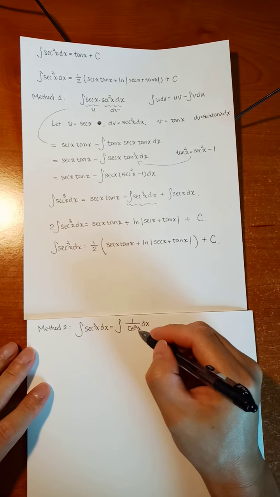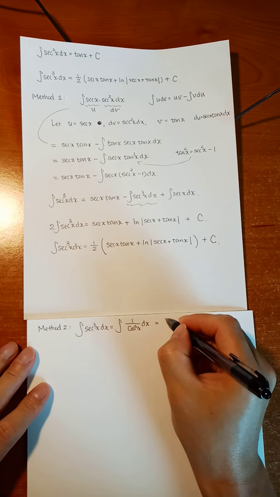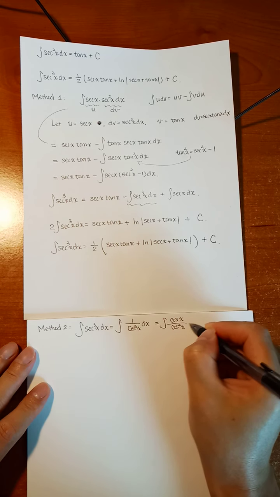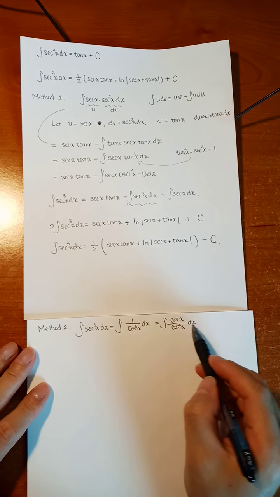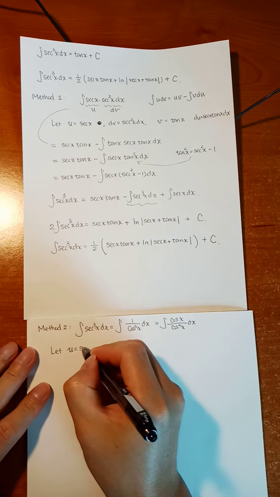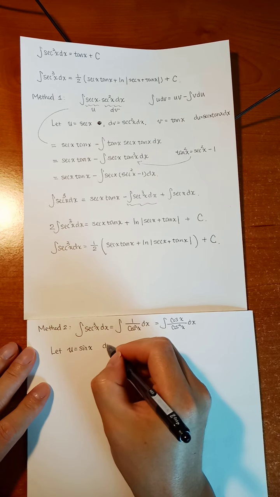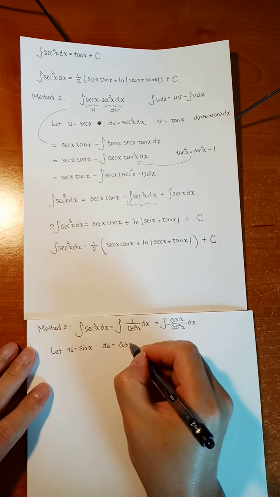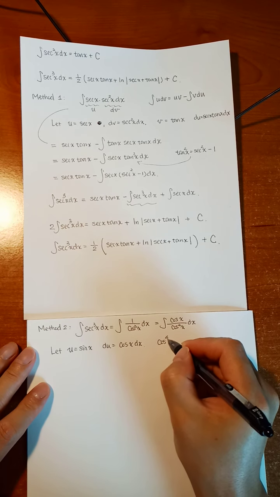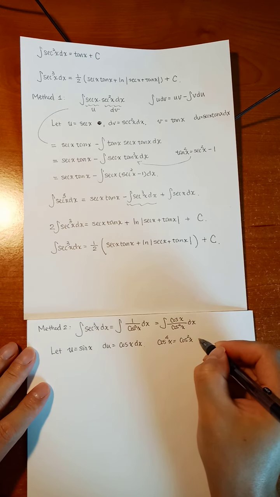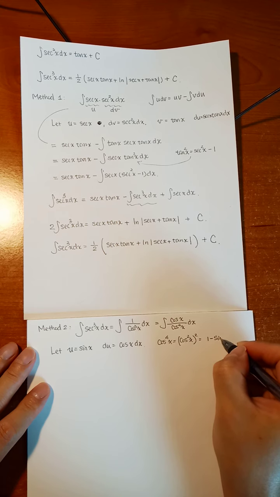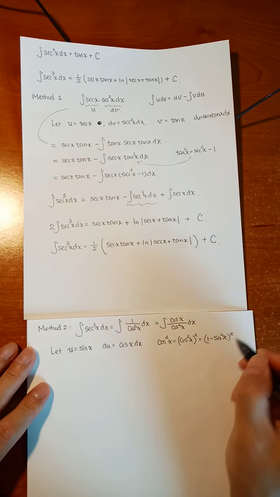And we're going to multiply top and bottom by cosine x, so it's cosine x over cosine x to the 4th power dx. Then cosine x dx, so if we let u be sine of x, then du is cosine x dx. Then cosine x to the 4th power is cosine x squared and then squared. So it is actually 1 minus sine x squared, squared.